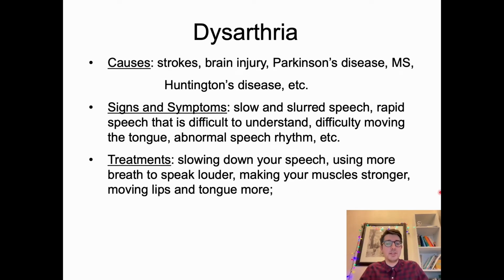And finally, the treatments would be slowing down your speech, using more breath to speak louder, making your muscles stronger, moving lips and tongue more. And the treatment, of course, depends on cause and severity. For example, one of the tips is to say one word to establish a topic of conversation.